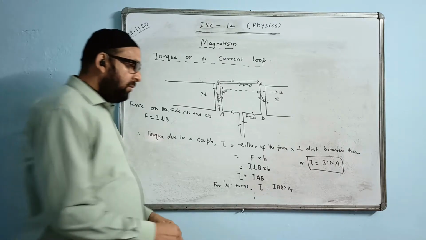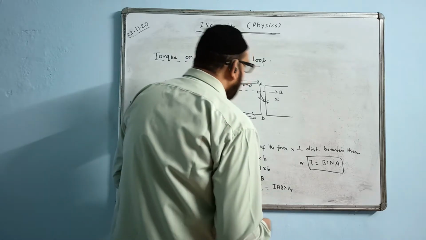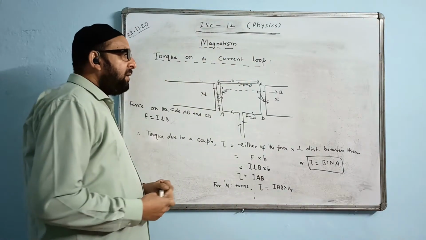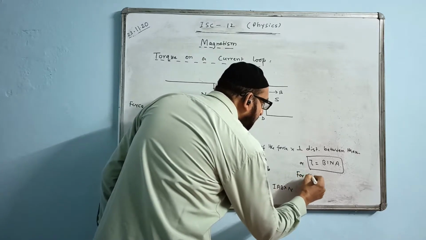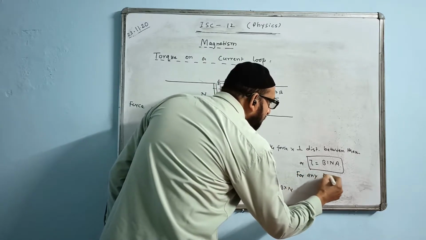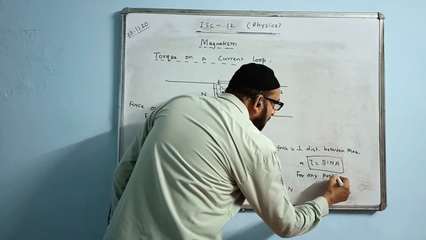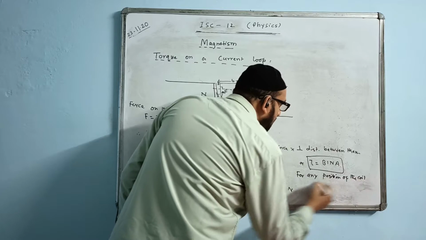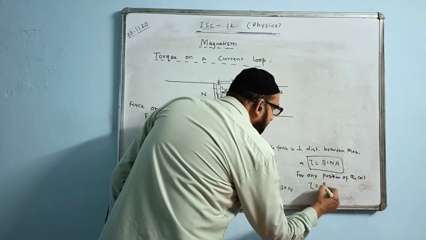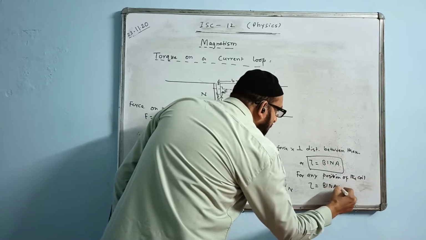Now you can write one thing to be noted here. You can write here, for any position of the coil, we write torque as BINA cos alpha.